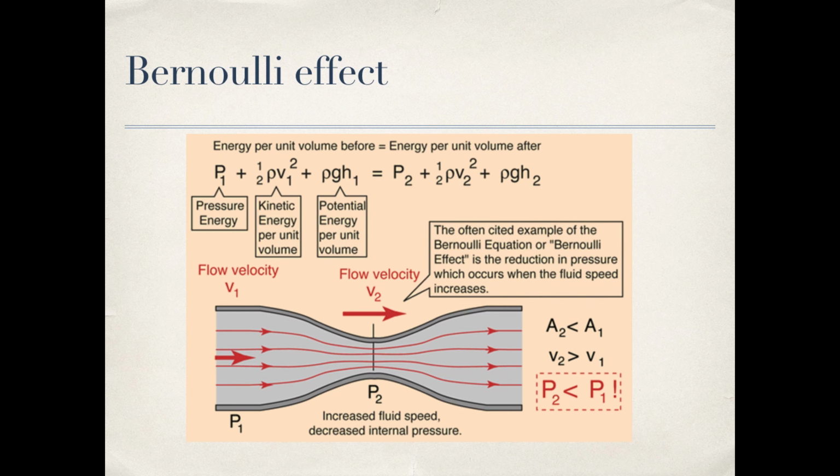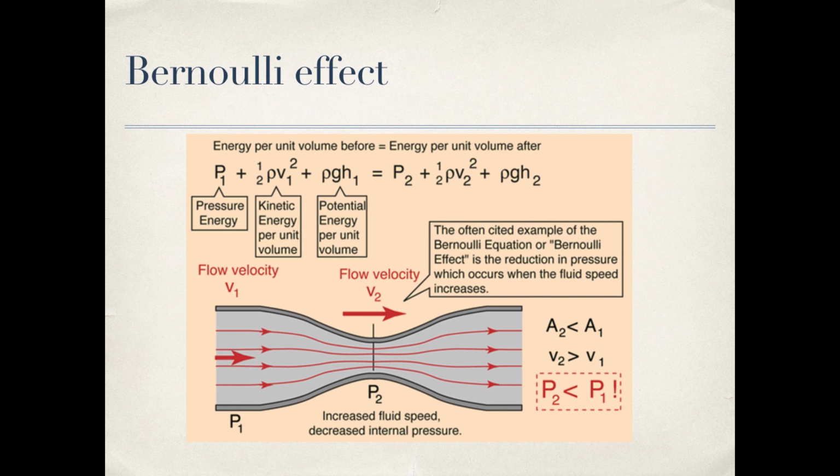But what happens in this narrow passage? In the middle, the gravity is basically the same, but the velocity must be larger by the continuity equation, because the velocity times area here must be equal to velocity times area here. The area here is less than the area at the beginning of the pipe, therefore the velocity in this narrow passage must be larger. So the kinetic energy of the liquid here must also be larger.